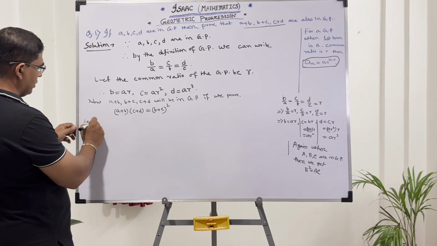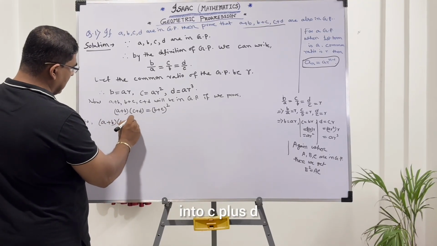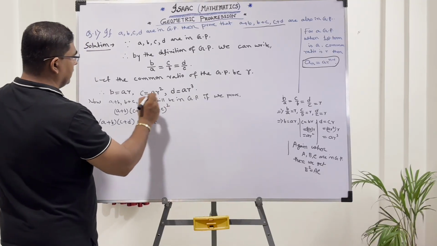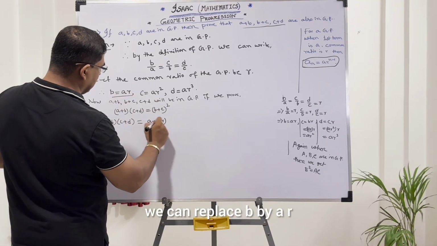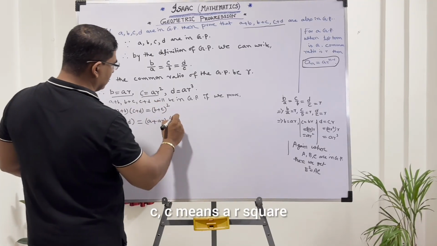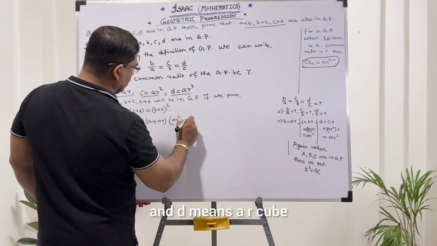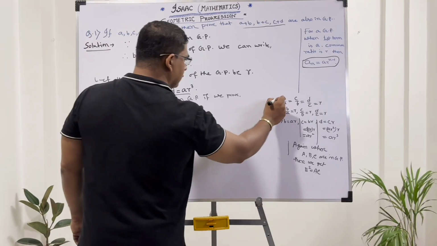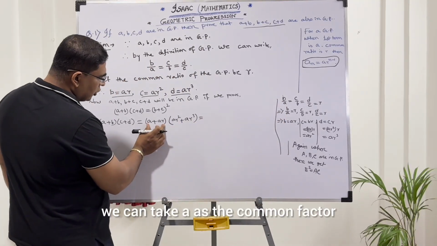So A plus B into C plus D is equal to A plus B, which means AR. We can replace B by AR, C means AR square and D means AR cube. We can take A as the common factor.